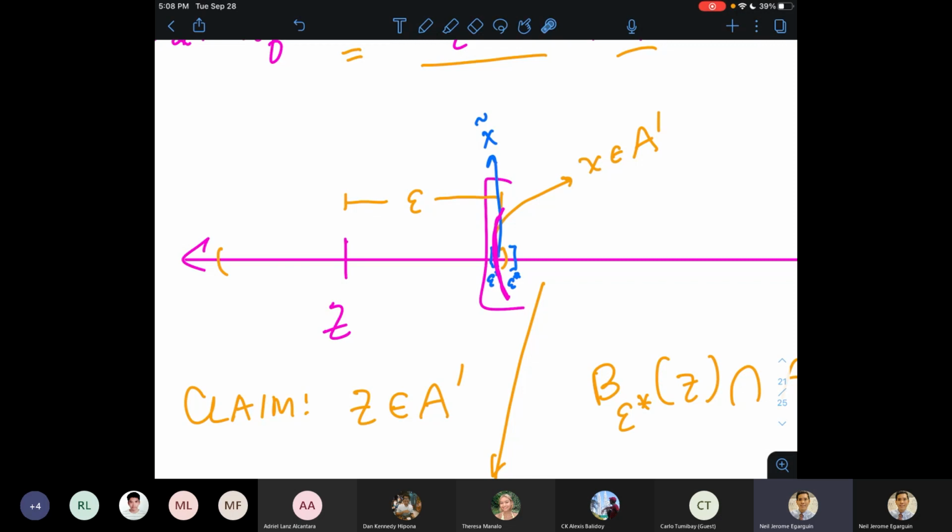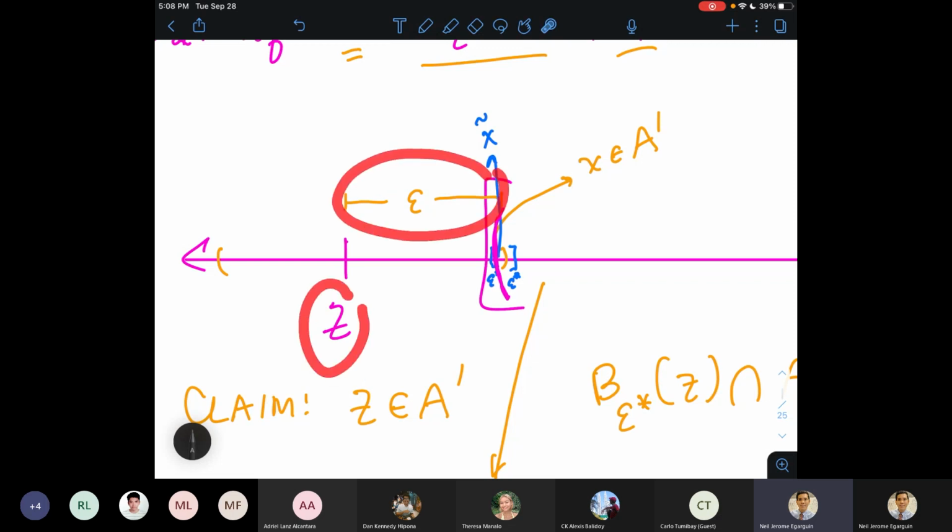And I can choose epsilon tilde to be very, very small. That means it is covered by the epsilon neighborhood around Z, because it will be placed somewhere here. So x tilde will belong to the intersection of the epsilon neighborhood around Z and the set A itself. I just need to choose epsilon tilde properly.